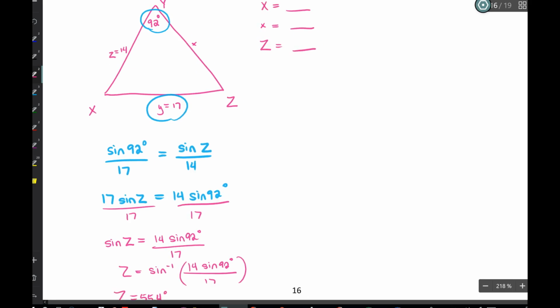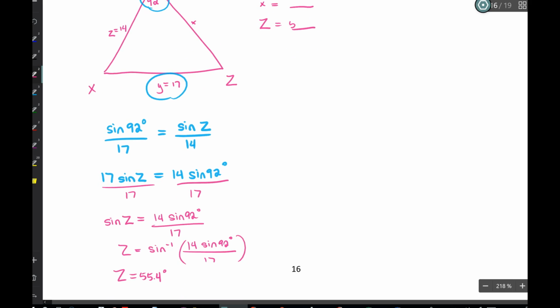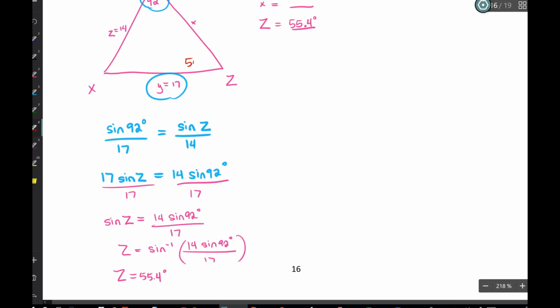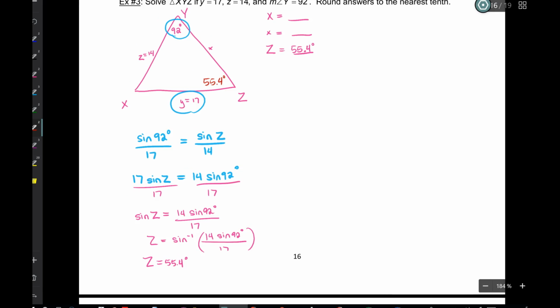And that's degrees. So we'll put that in here, 55.4 degrees. Okay, now, once we know z is 55.4 degrees, can we find angle x? Yeah, so just take 180 minus 55.4 minus 92, we get 32.6 degrees.